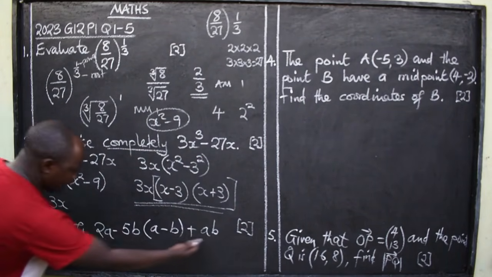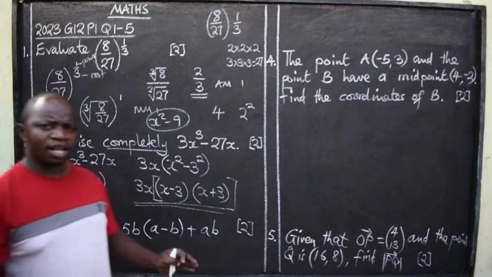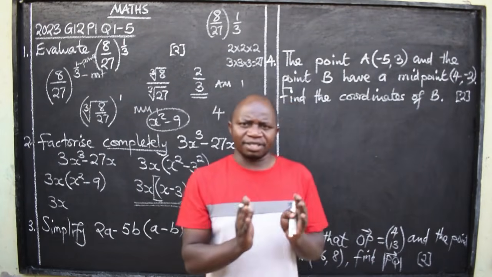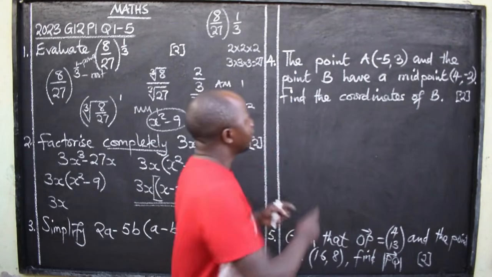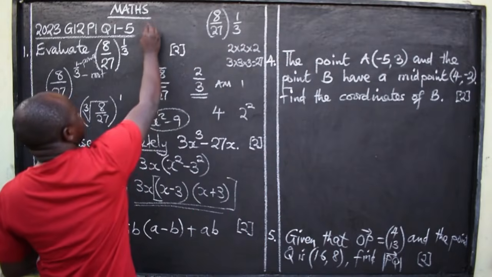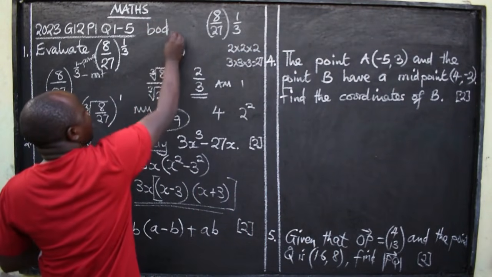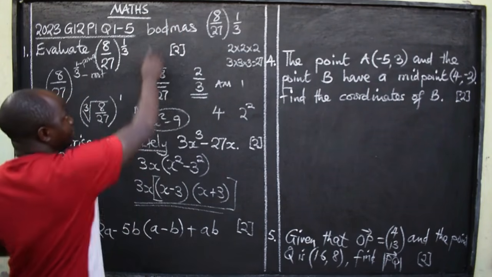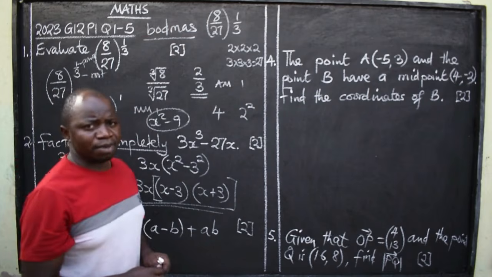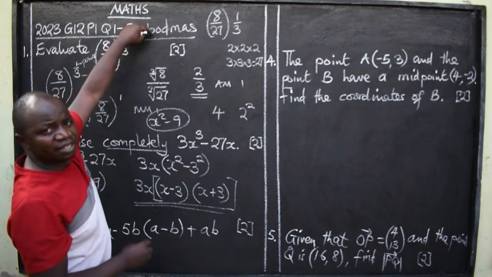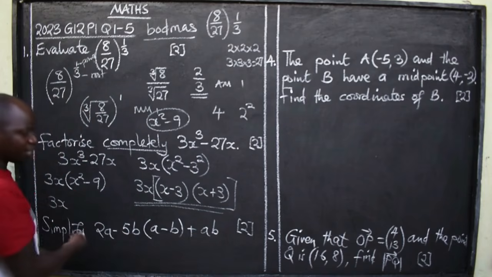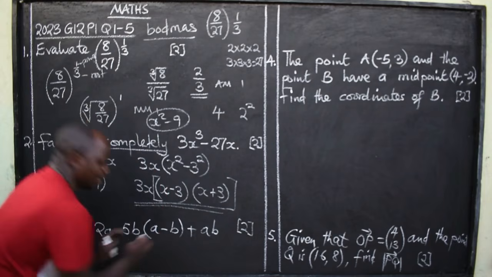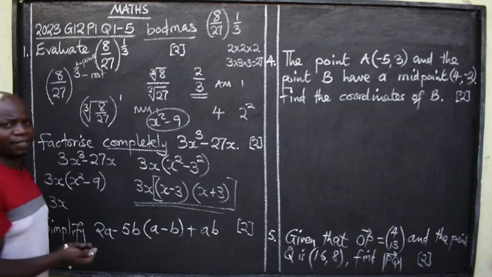So when you are given an expression like this, your target will be the brackets. That's the first thing. Whenever you are simplifying, we also apply formulas. When you apply BODMAS, brackets, that is your first thing that you're going to do here. So target is to remove the brackets.